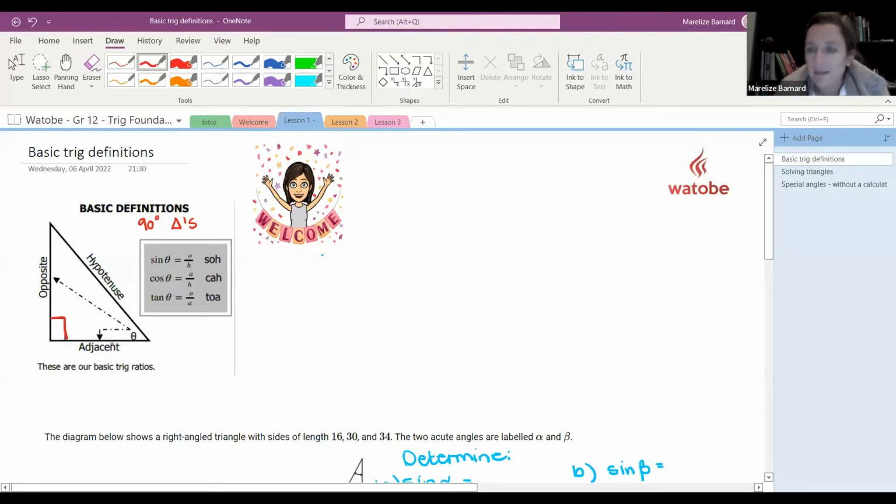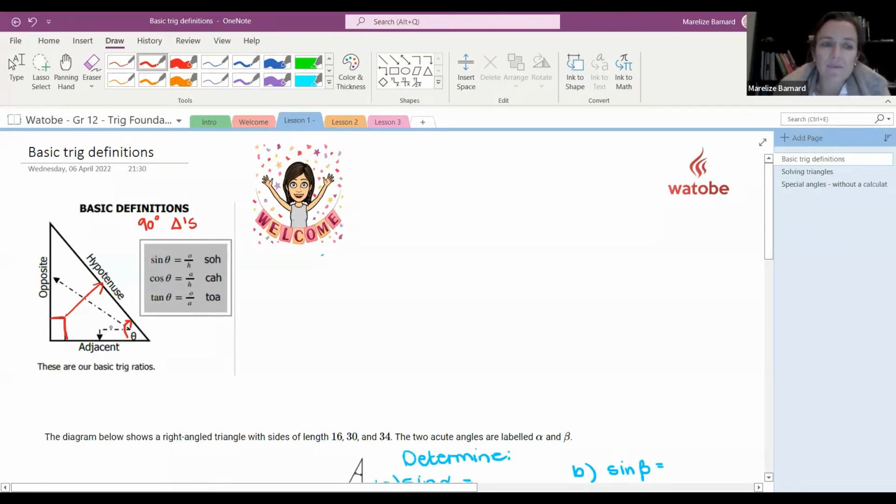When you're in a 90-degree triangle, we can name the sides. The side that's opposite or across from the 90-degree angle, we call the hypotenuse. If this is our angle and this symbol here is theta, it is just a Greek letter for an angle of which we do not know the value. It's just an unknown angle.